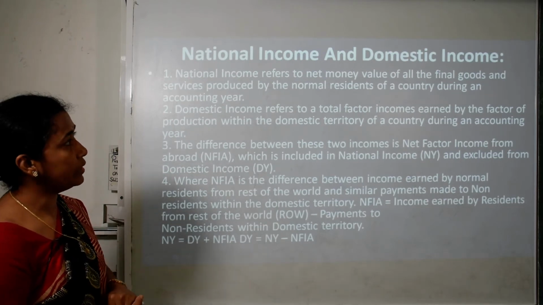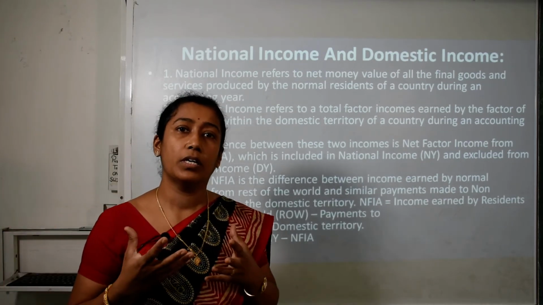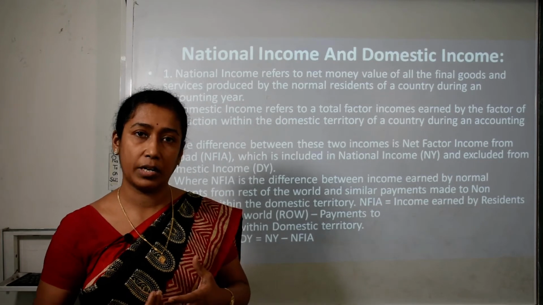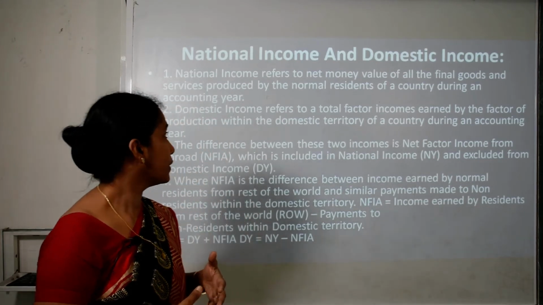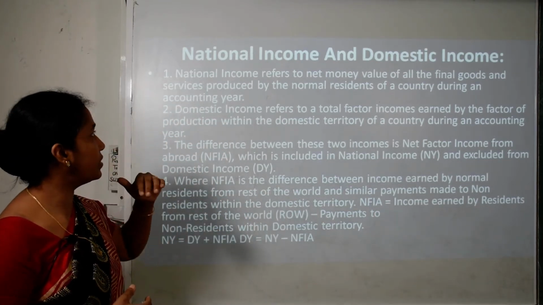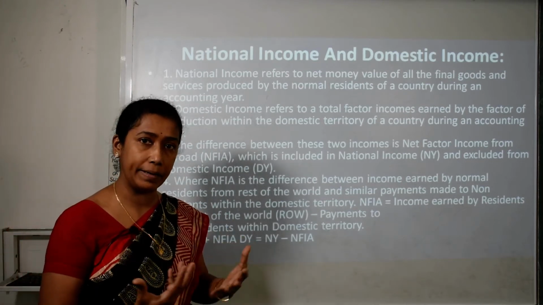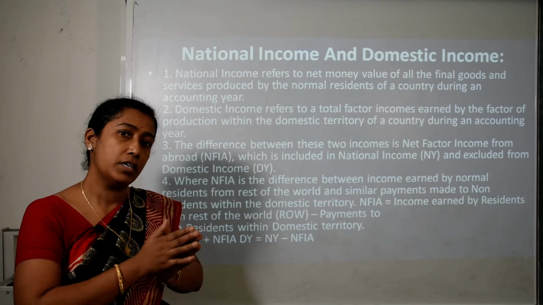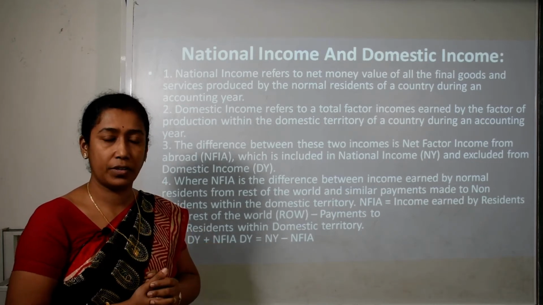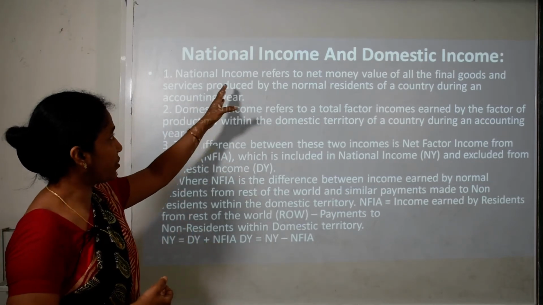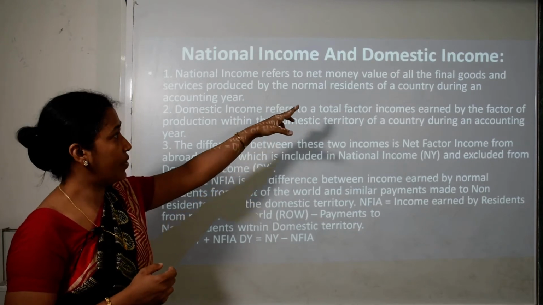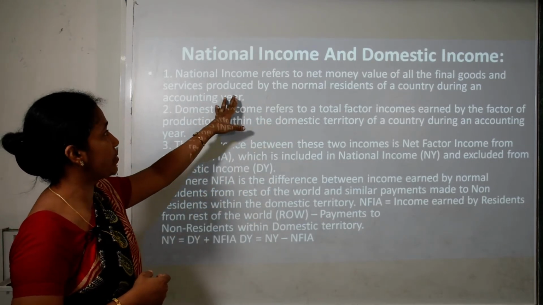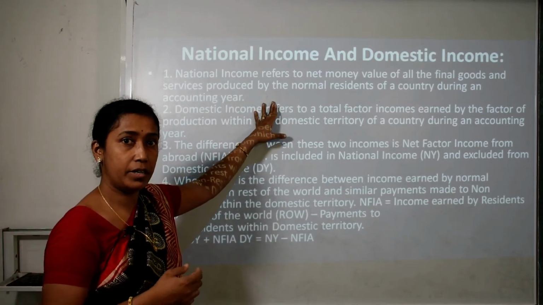Now national income and domestic income, this is also one of the concepts which we are going to study for calculating national income. Of course, national income is a wider term which includes many things, whereas domestic income is just within the geographical boundaries of a nation. National income refers to the net money value of all the final goods and services produced by the normal residents of a country.